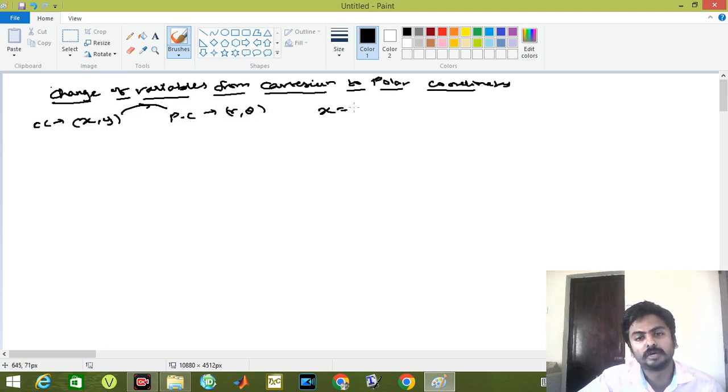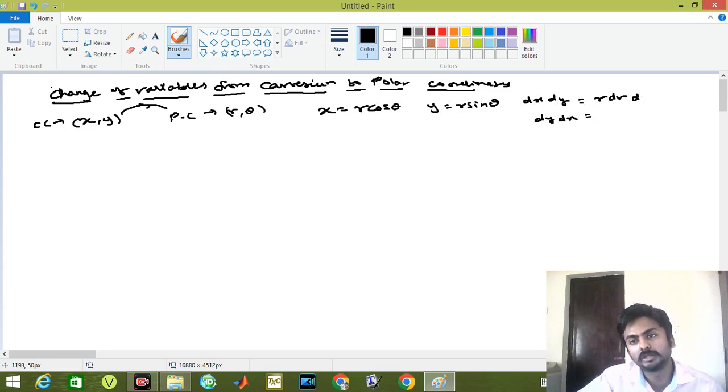For that we always assume x equal to r cos theta and y is equal to r sin theta, and always dx dy or dy dx will be equal to r dr d theta. Okay, so these things are common.